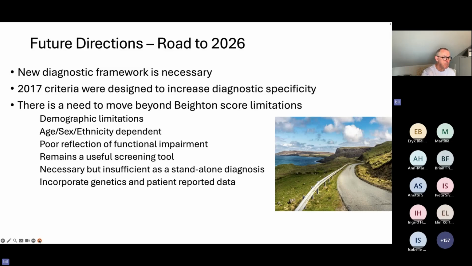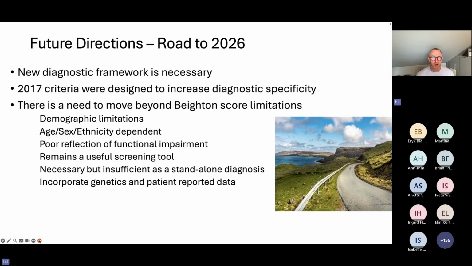I think there's a poor reflection of functional impairment. It remains a useful, quick screening tool. It's necessary, I think, at the moment, but it's insufficient as a standalone diagnostic tool.